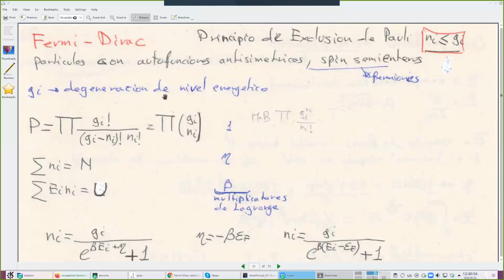And here the Fermi-Dirac makes the difference, because the Pauli exclusion principle says you cannot have two particles with exactly the same quantum numbers.